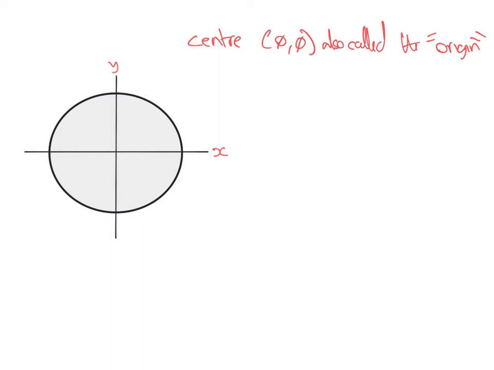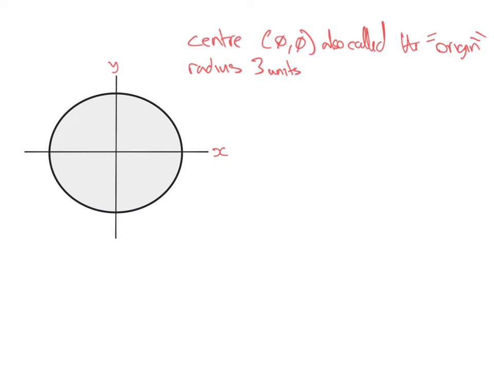Now the next thing we know, because we said at the beginning, is this is a circle of radius 3. We don't know what the units are, so we just use the word units. So this circle has a radius of 3 units, which means every line drawn from the circumference to the centre, which is 0, 0, is 3 units long.